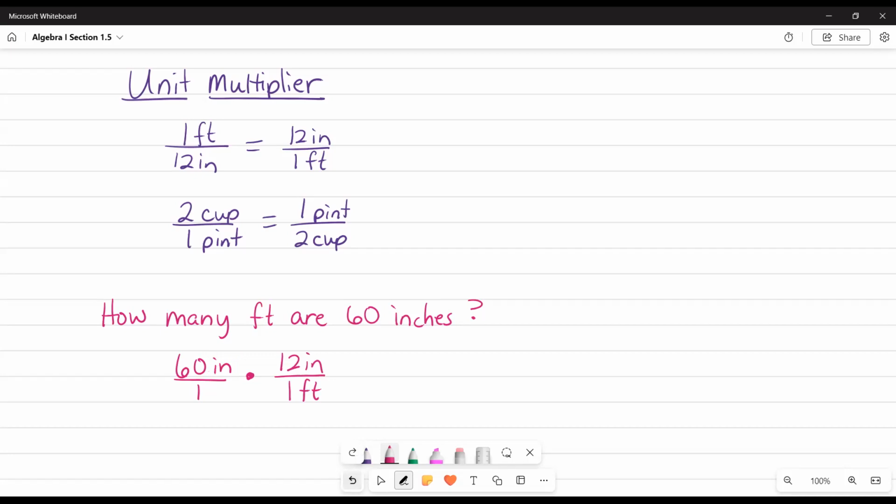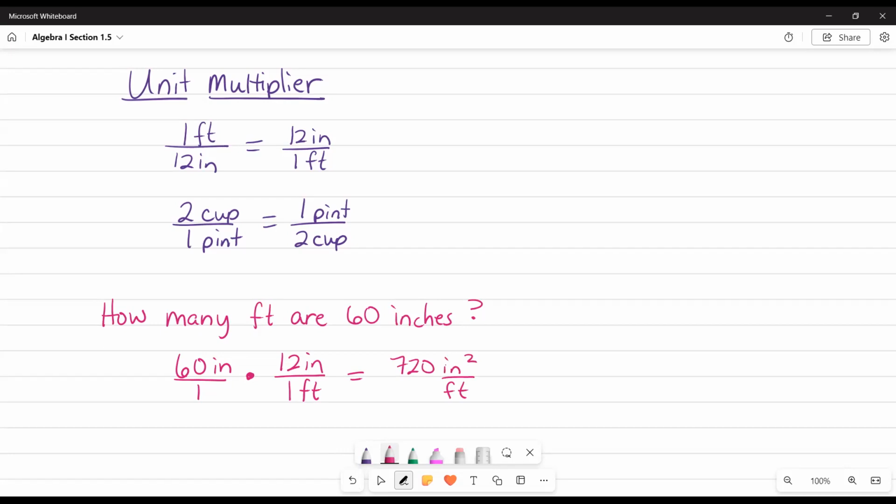Now, let's do the math. Let's say you just figured this was it. What's 60 times 12? 720. Are your units in feet? No, your units are in inches squared over feet. Cancel out your units just like you would numbers.